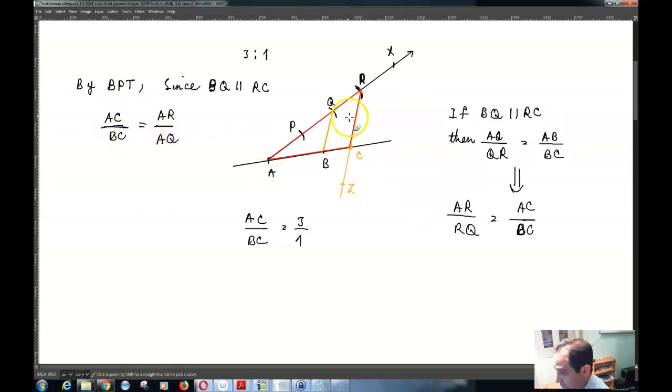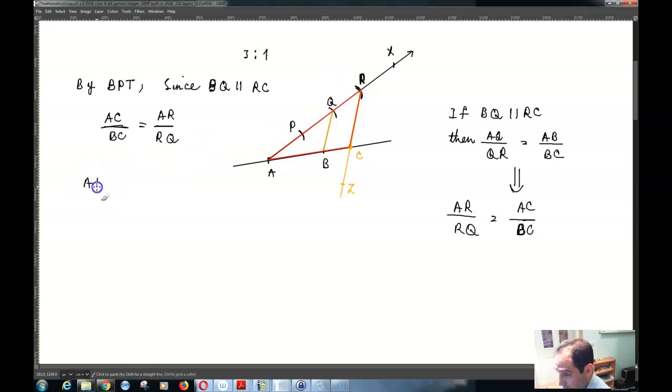So I write the same thing over here. AC to BC is equal to AR to RQ. This has to be RQ. Now, in terms of the construction that I have here, basically I know that this AR is simply 3 units, and QR is basically 1 unit.